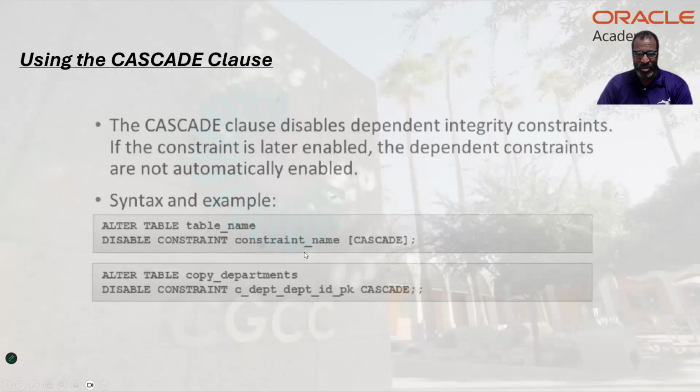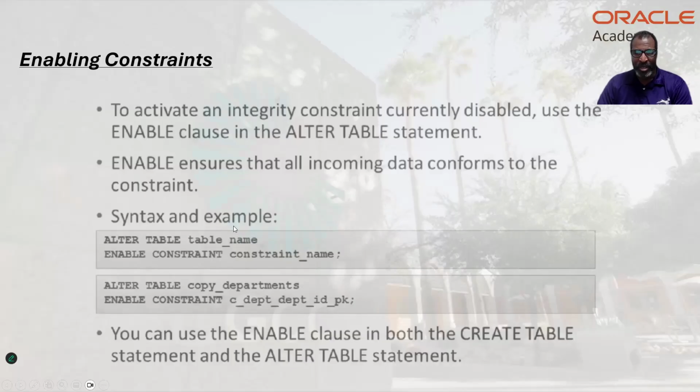So it will disable all of the referencing integrity. And yes, I'll have to change the order of this, but if you disable a constraint, to re-enable it or check to see if it's enabled, the syntax is just enable constraint and then the constraint name.